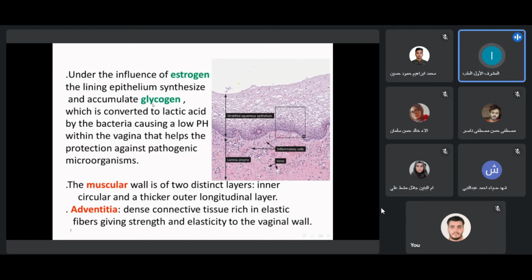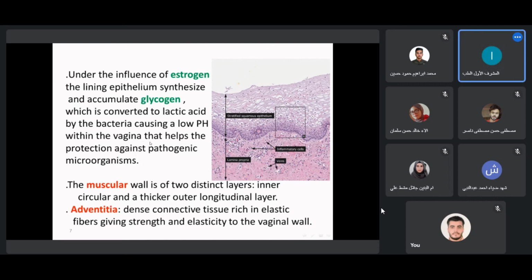The glycogen is important for the vagina because it will be converted into lactic acid by the bacterial flora. Normally there is a bacterial flora in the vagina, which is non-harmful bacteria. The bacteria will convert glycogen into lactic acid, and this is very important because it will keep a low pH in the vagina, and this has a protective effect to prevent the growth of the pathological type of bacteria.